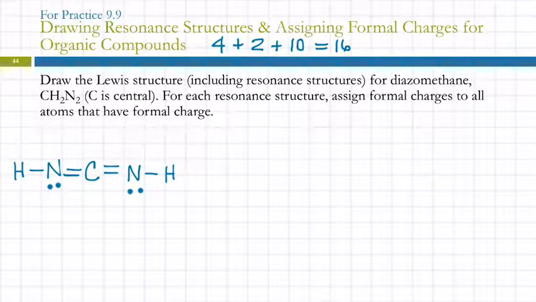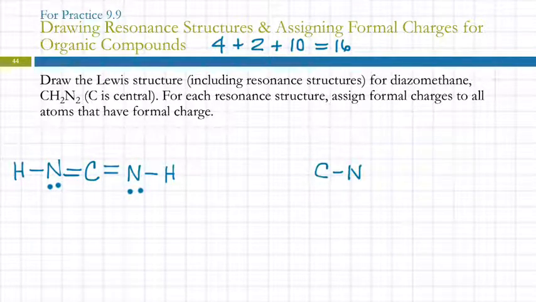So this is a little bit like the N2O that we looked at, where we had 2 double bonds. And it's not maybe obvious that you could draw 2 other resonance structures for this. You don't have to have 2 double bonds. You could have a single bond and a triple bond. So let's put these in the same order.